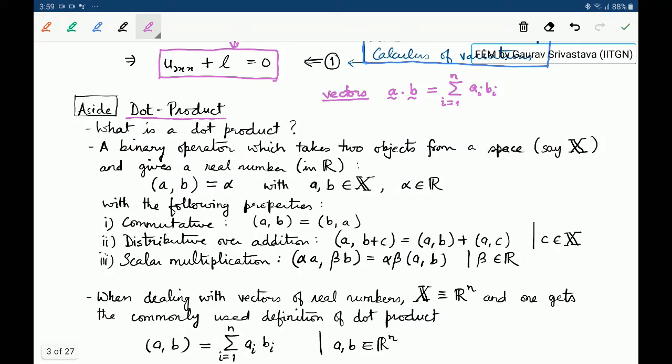But there is a more general definition for what is a dot product. Basically it is a binary operator. Binary operator means it takes two arguments, so in this case two vectors, which are two objects from a space, say X. In this case this X was a vector space.